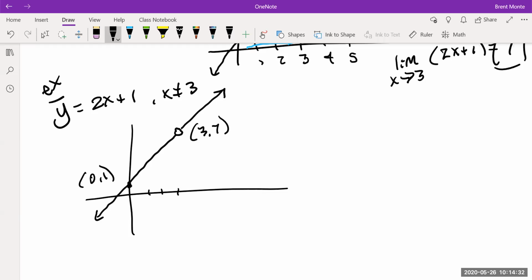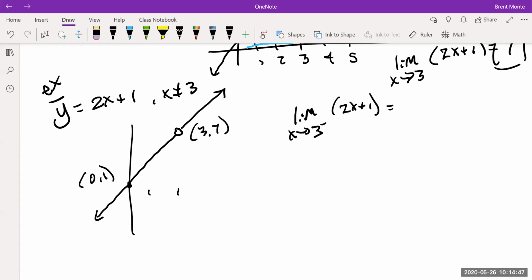Now, here's the thing, though. If I'm looking at the limit as x approaches 3 from the left of 2x plus 1, again, I'm still coming in.